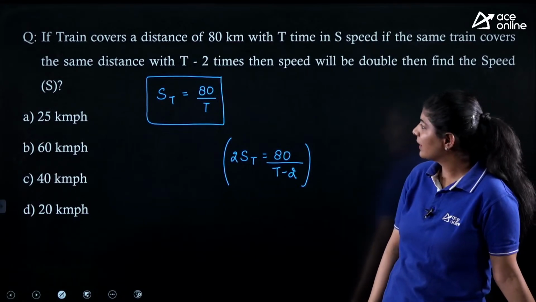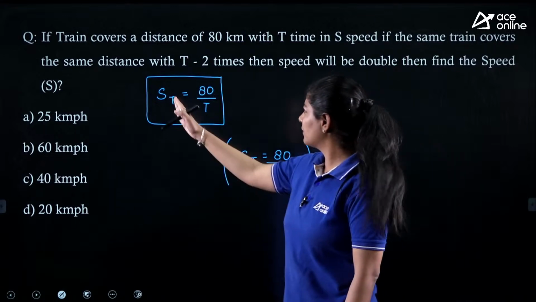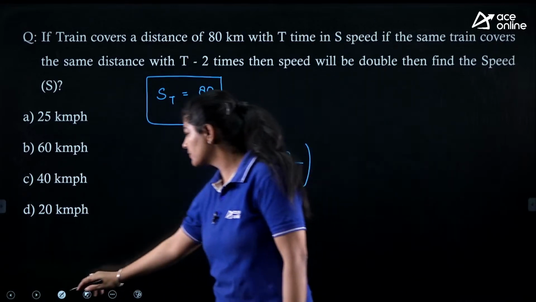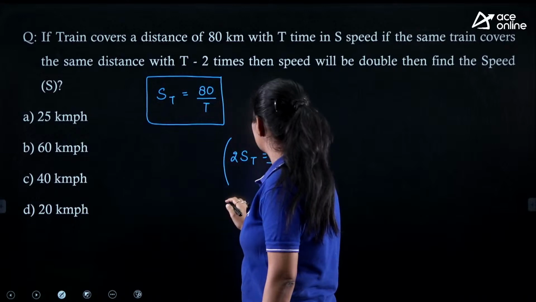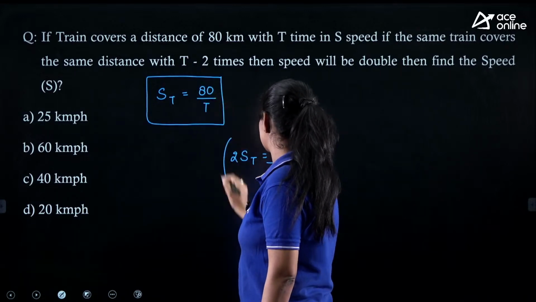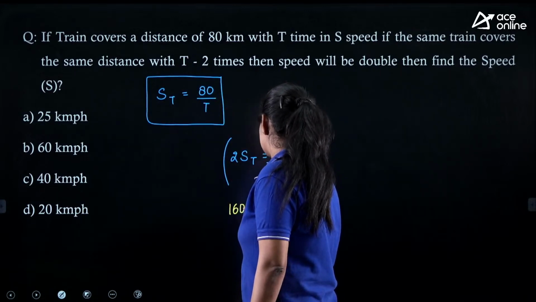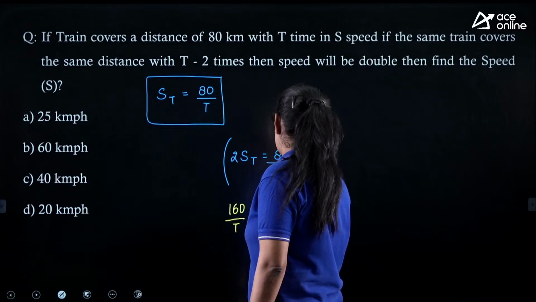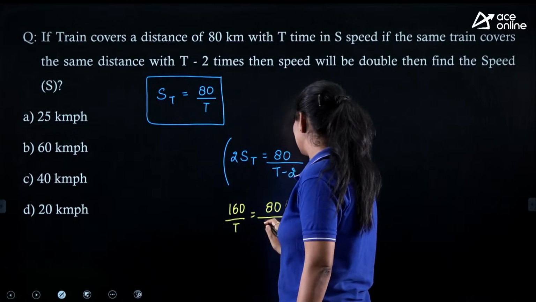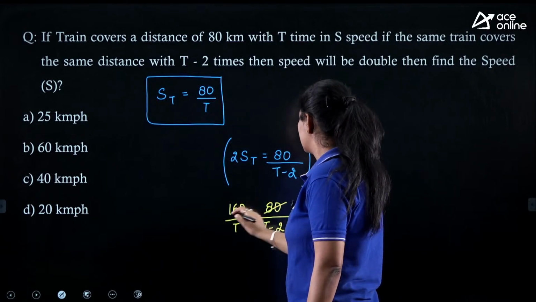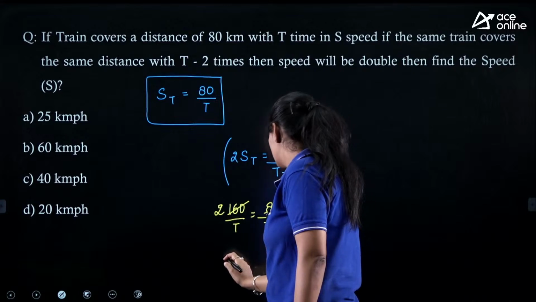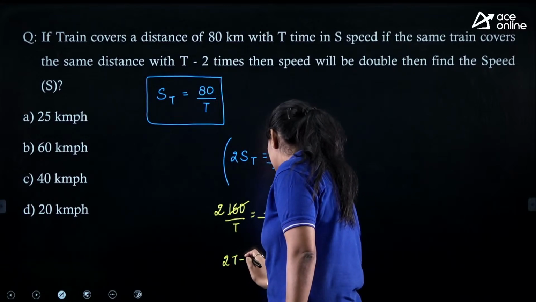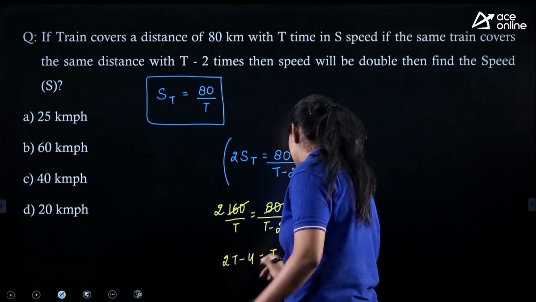So we are going to substitute this value over here. This will become 160 divided by t, which equals 80 divided by t minus 2. So here we can write 2t minus 4 equals t.